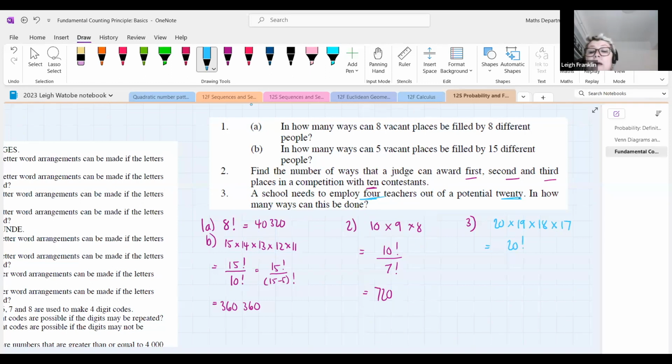So you can write that as 20 factorial over 16 factorial, or 20 by 19 by 18 by 17, which gives us the 116,280 that you sent through. Katleho, is it making more sense now? Cool beans.